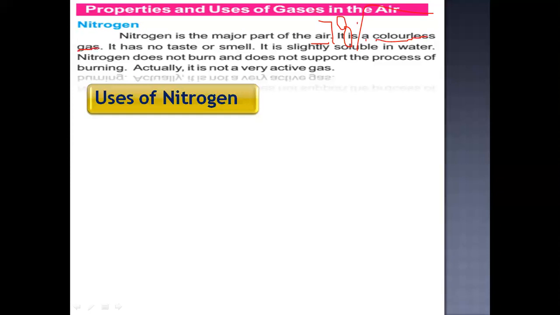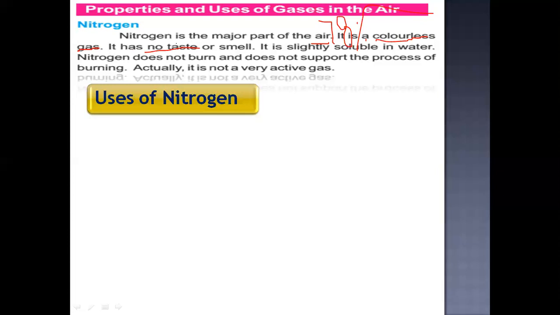It does not have any color. Did you find any color in the air, in the atmosphere? Any colored gas? Oxygen does not have any color. Carbon dioxide does not have any color. Also, nitrogen is a colorless gas. It has no taste, definitely, because it is in large quantity, and we inhale it but exhale the same amount because our body does not need it.